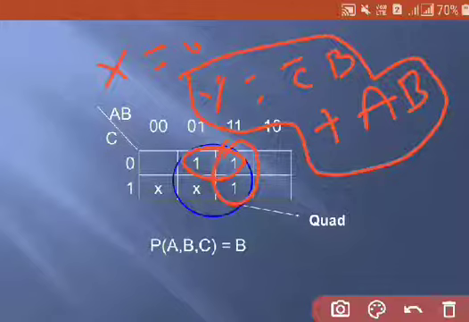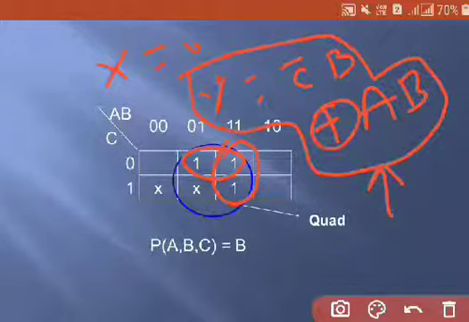For realizing this function, you need one inverter for C bar, two AND gates for two product terms, and one OR gate. That means you need more gates, and this is the disadvantage of considering X equal to 0.